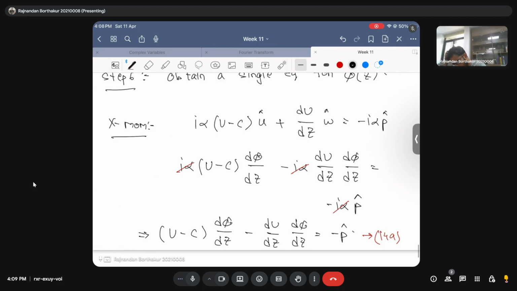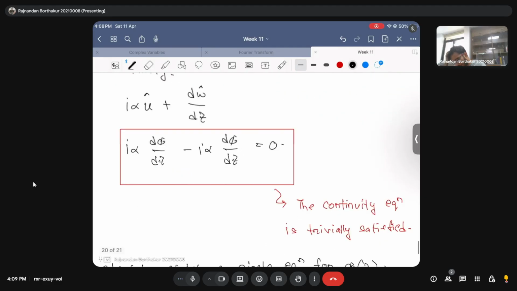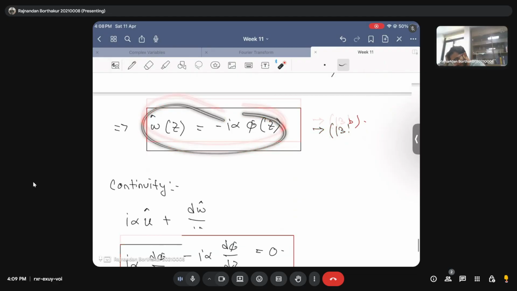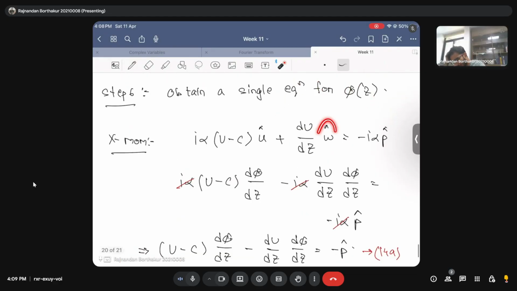Yes, I made one more mistake. See, this W hat of z is i alpha phi, right? So when I substitute W hat of z, this is just phi and not d phi dz. So just phi of z.